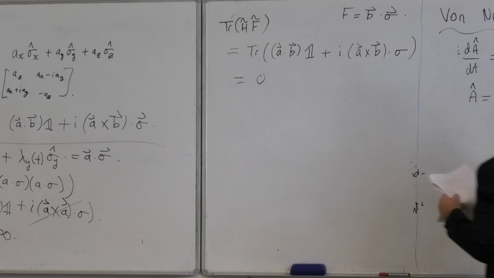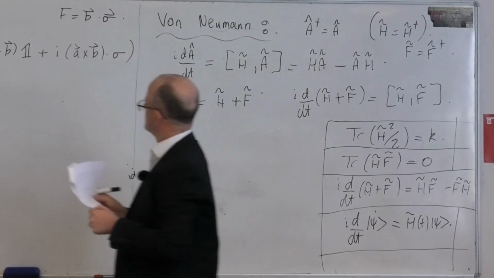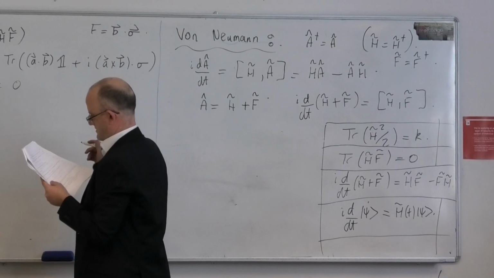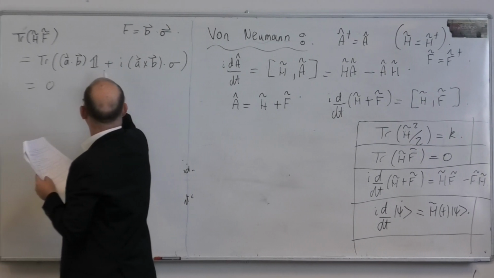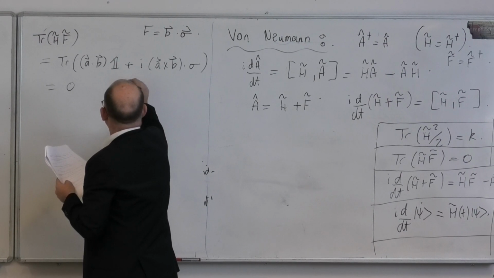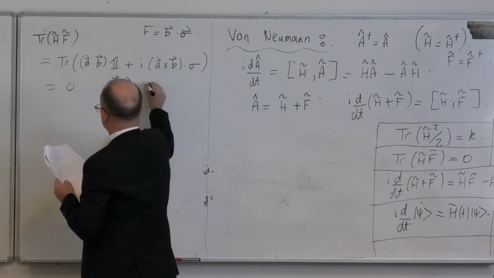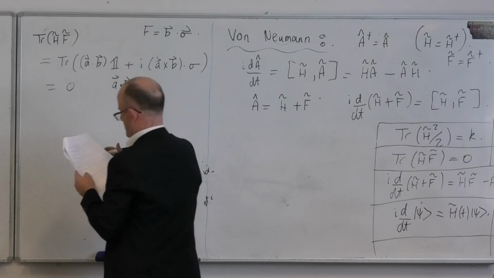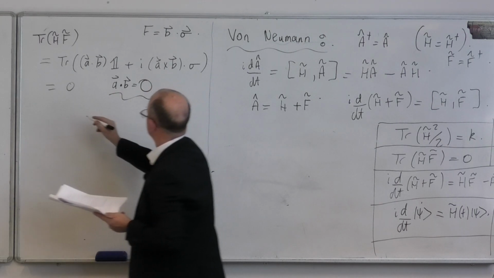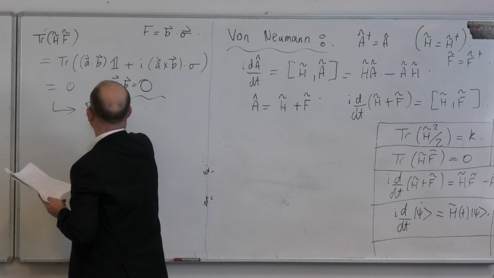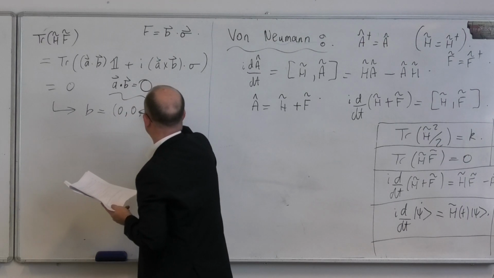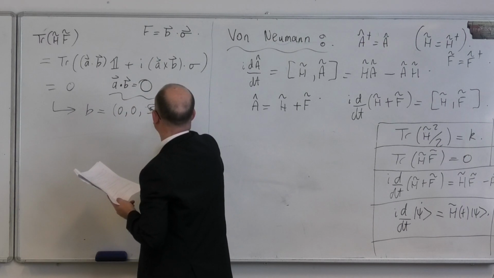Following this equation, what that will imply is that A dot B is equal to 0, which implies that B is equal to 0, 0, I'll just call it omega z.